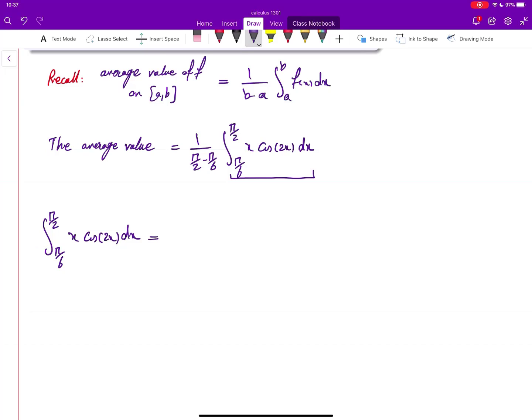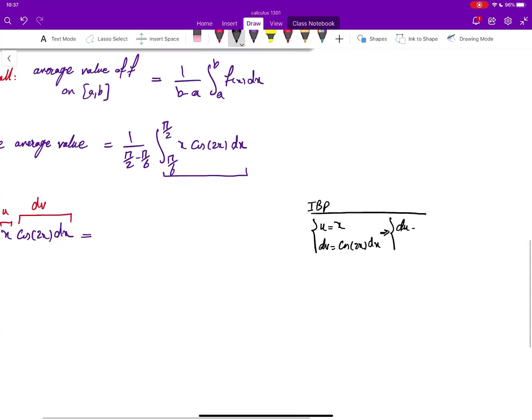And this is a polynomial times cosine mx. Remember, in those cases, we take u to be x, the rest to be dv. So let me just write our integration by parts preparation steps here. So u is x, dv is cosine 2x dx. From there, you see that du is just dx, and v is the integral of cosine 2x dx, which is half of sine of 2x.